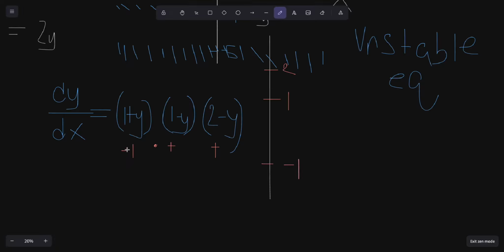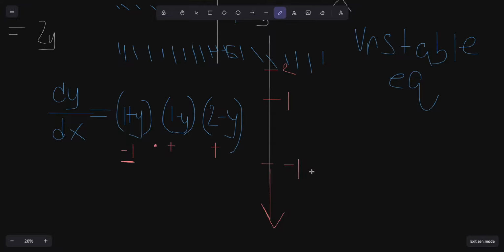Once again, if I plug in -2 into all the y's, so some number in this region that's below -1, then I get a negative number here, because 1 minus 2 is just -1. If I plug in -2 into this y, I get a positive number, and same for the last one. So overall, my slopes are going to be diverging away, because imagine if you're at -1 and your slopes are negative, you're going to be diverging away from -1.